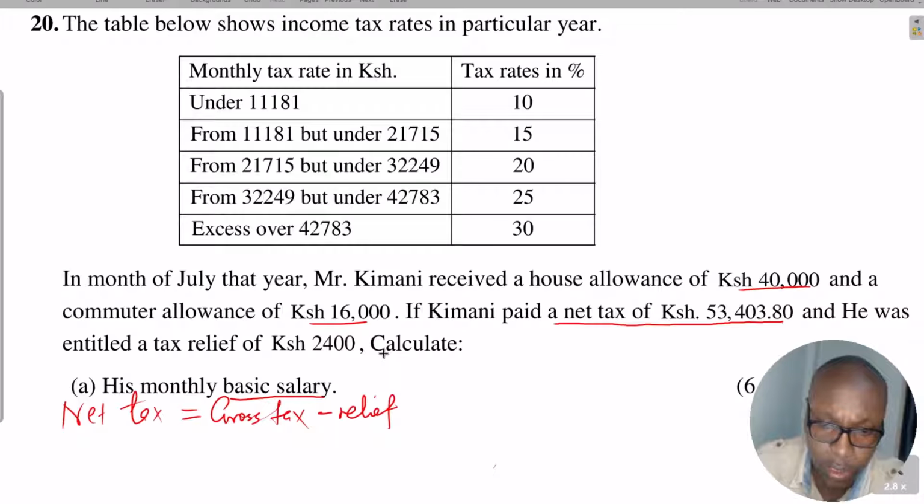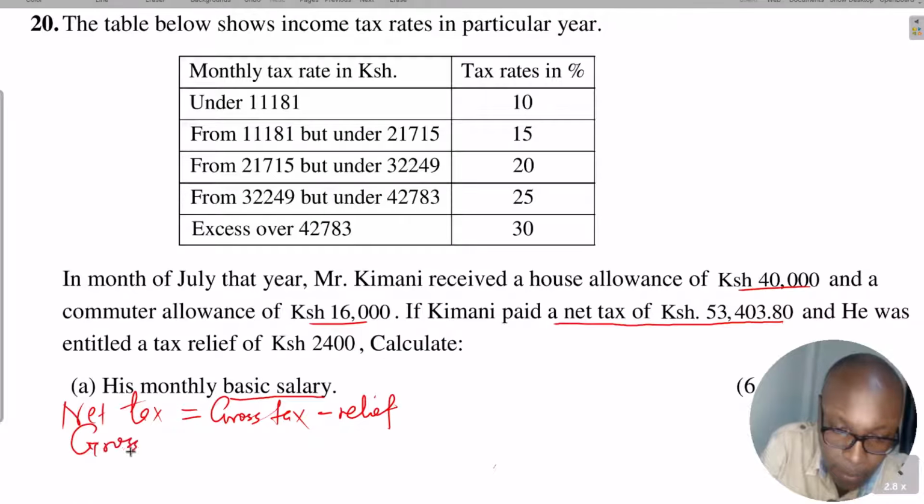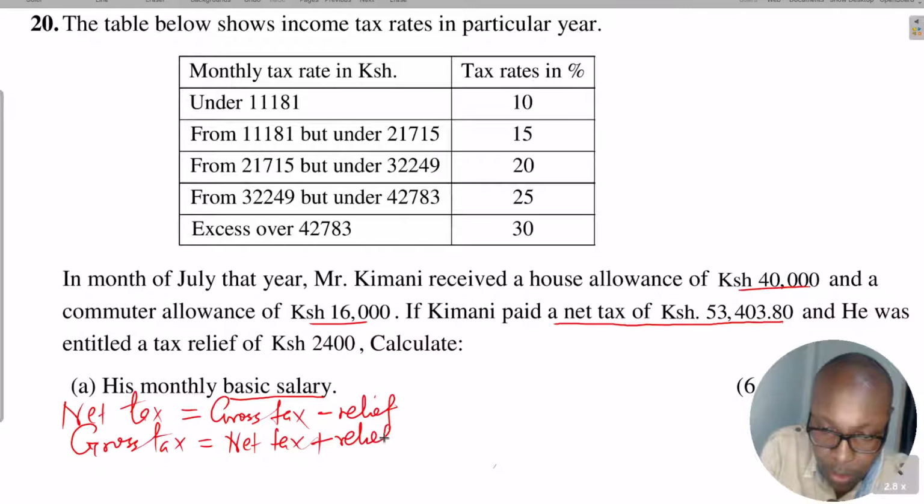In this case, because we're moving backwards, we need to get the gross tax first. So therefore, gross tax will be given by the net tax plus the relief. So that is the first thing that you're going to do. Let us begin with that.